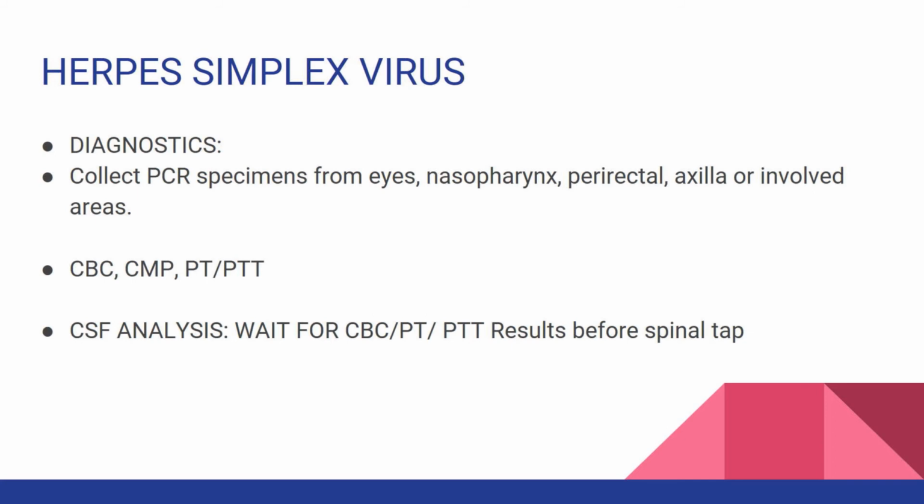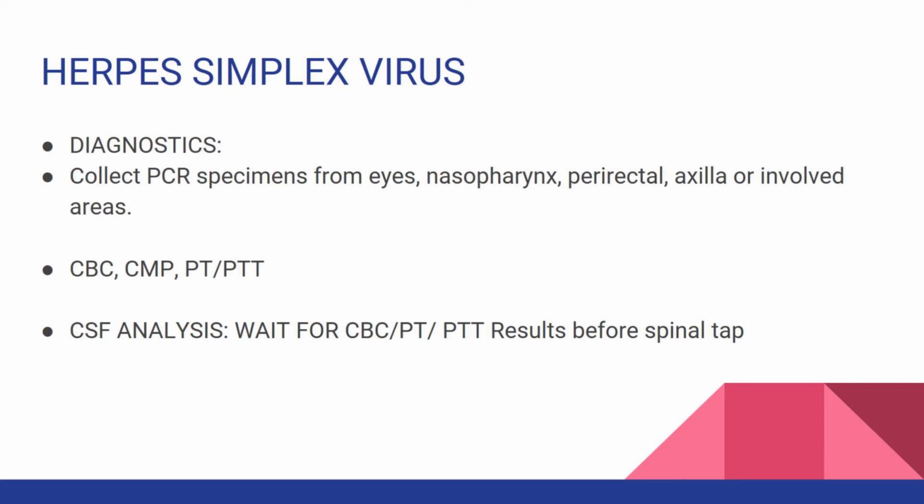The CBC, a lot of times, will show a normal white blood cell count with elevated lymphocytes. And if you do CSF studies, you will see increased white blood cells with lymphocyte or monocyte predominance, and almost always an elevated red blood cell count.